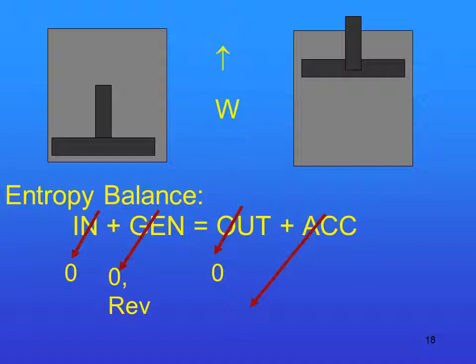So it is 0. So the accumulated term is all that's left, and it must equal 0. So the accumulated term is the mass times S final minus S initial, which tells us S final equals S initial. Here we have a reversible adiabatic process, and the result is delta S equals 0.